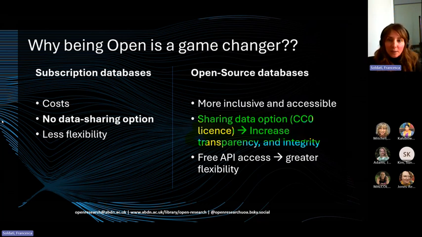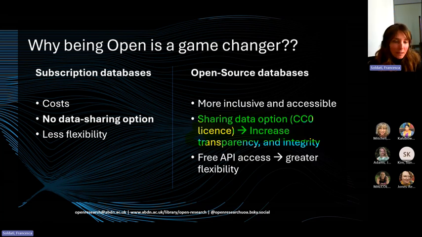On the opposite side, you have OpenAlex, which is open source. It's more inclusive because there are no costs, so anybody can access and use the data. And what for me is important is that you can share the data, because the data in OpenAlex are licensed under a CC0 license, which means they are public domain.